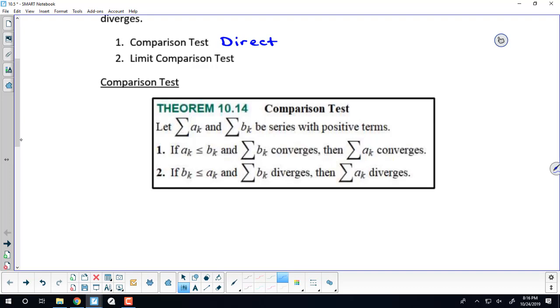And so when we see this comparison test, let A and B be series with positive terms. The series here, and I guess it's arbitrary, but the A sub k series is given. And the B sub k series is the one that we pick.